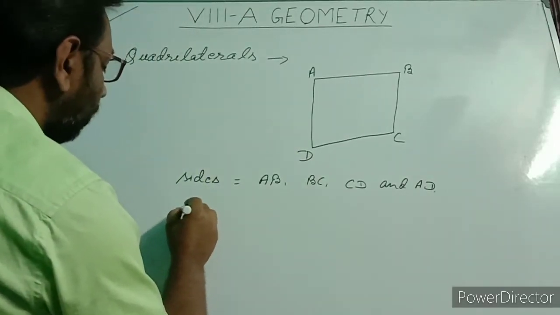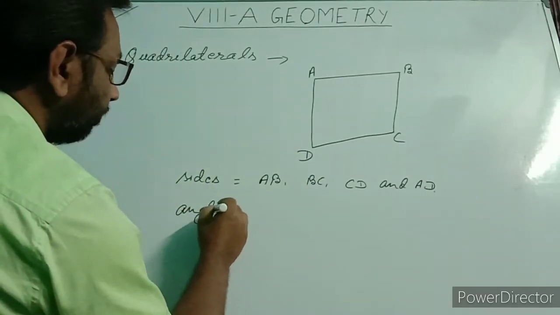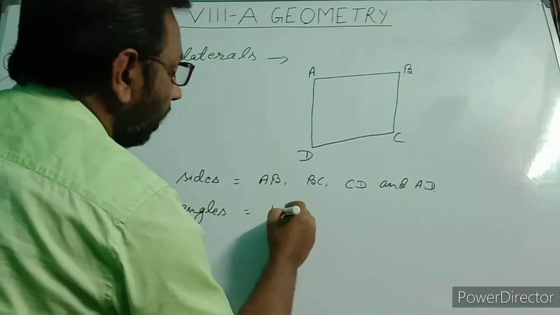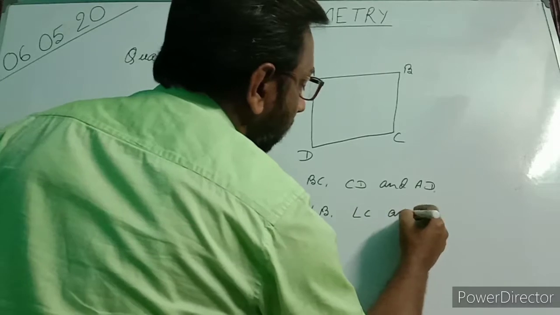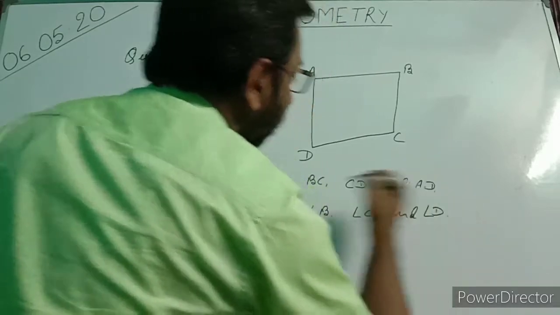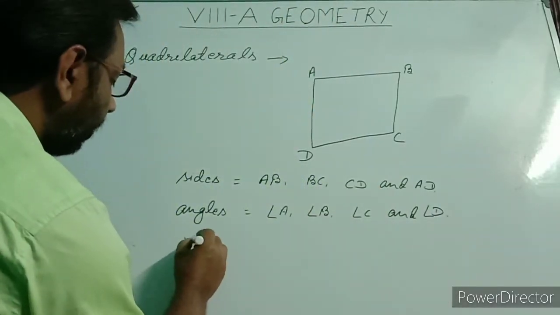It has four angles: angle A, angle B, angle C and angle D. It has four vertices as well.